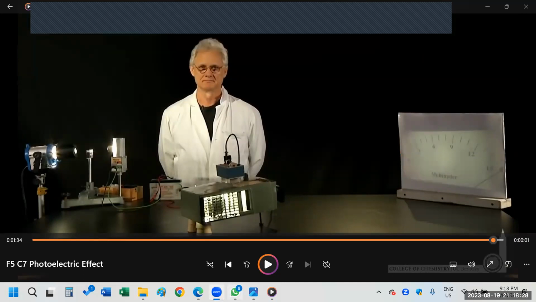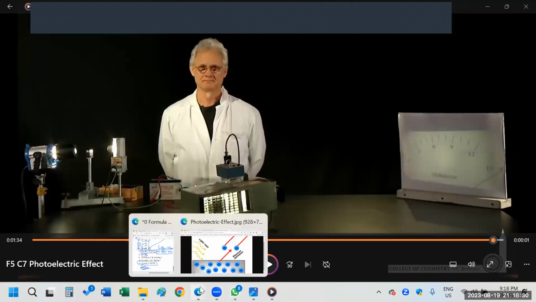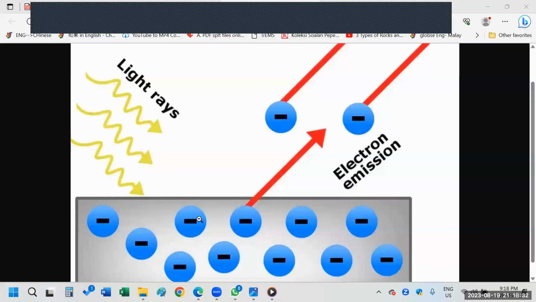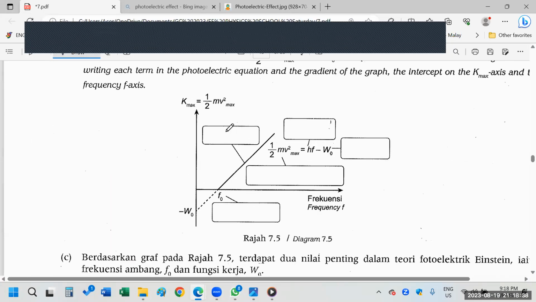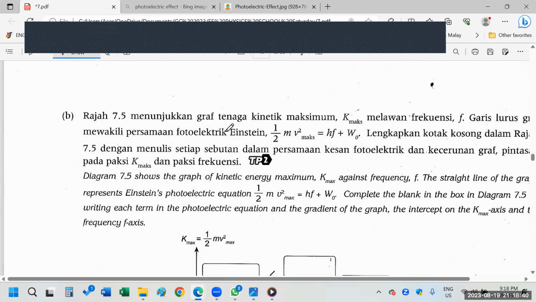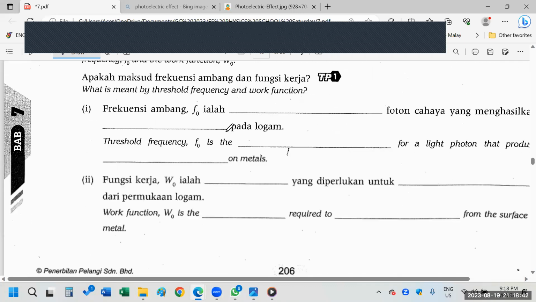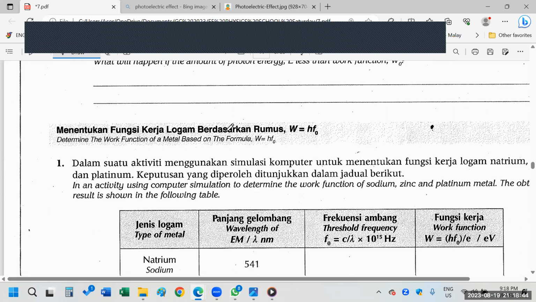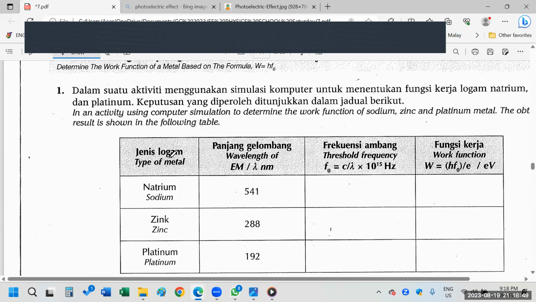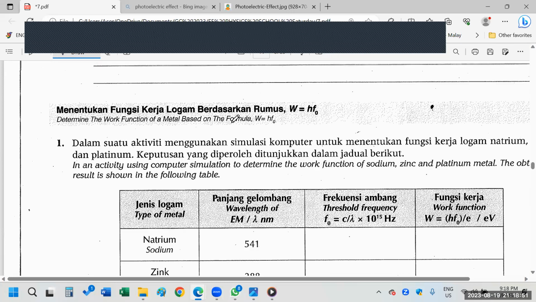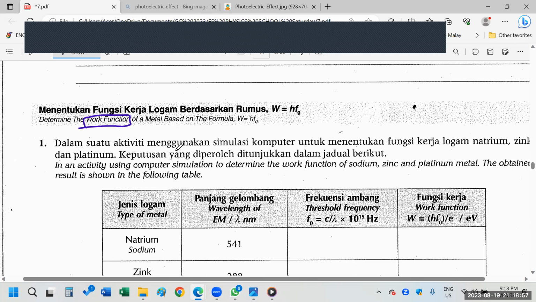Okay, so now let's do some exercises about photoelectric. We explain this next time. So what is the threshold? Sorry, what is the work function? Work function means the minimum energy absorbed.